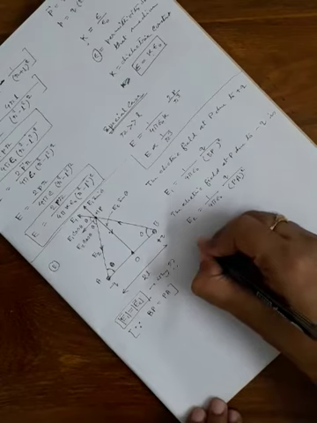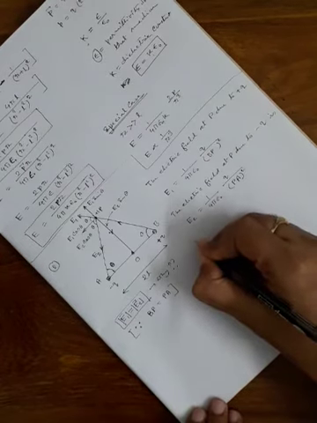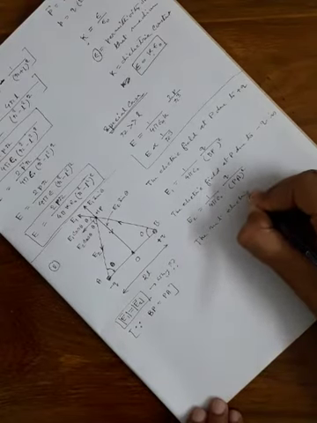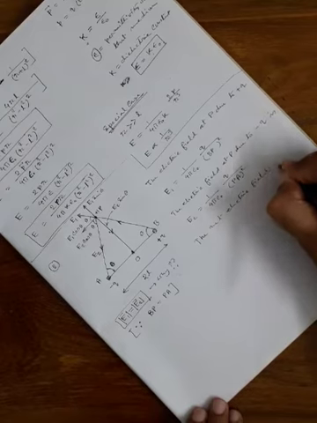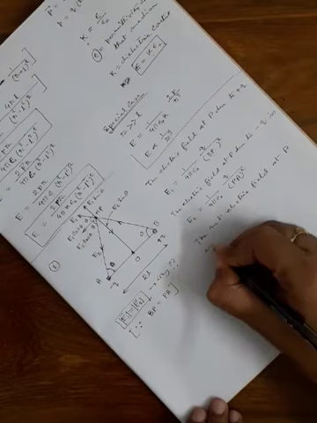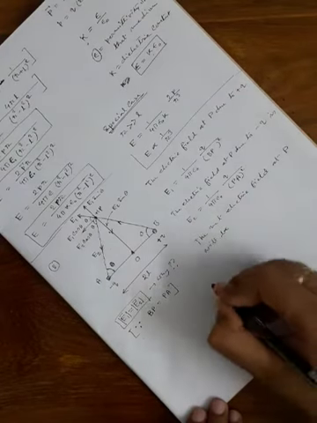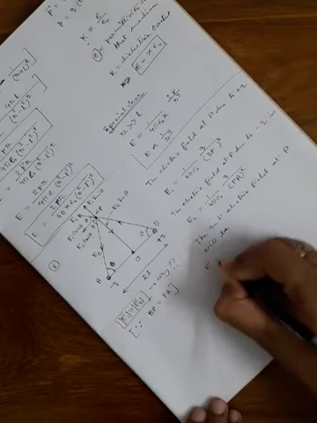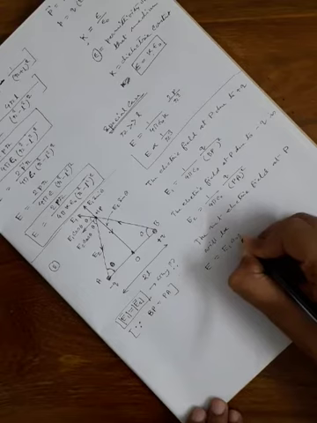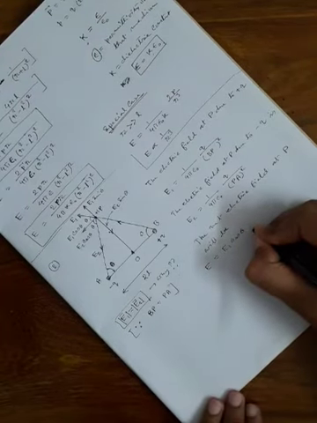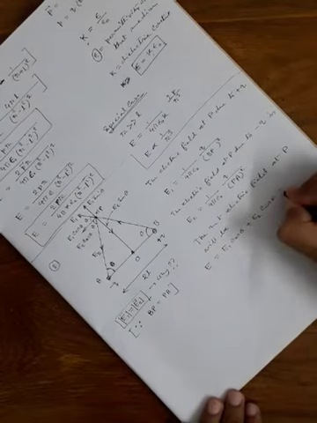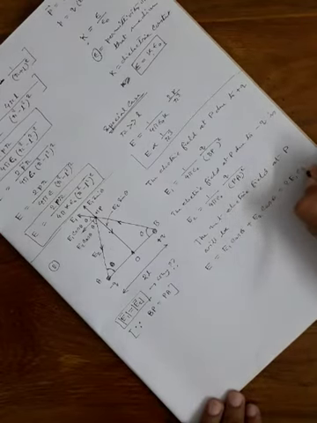So the net electric field at P will be E is equal to E1 cos theta plus E2 cos theta is equal to 2 E1 cos theta.